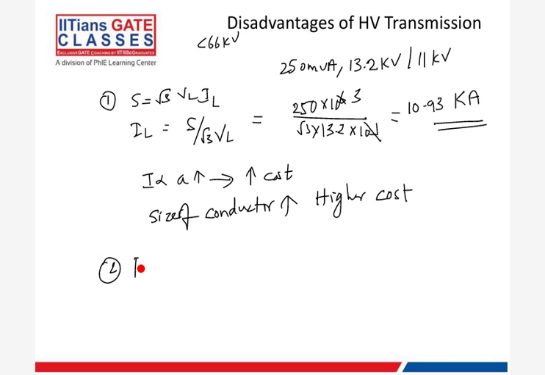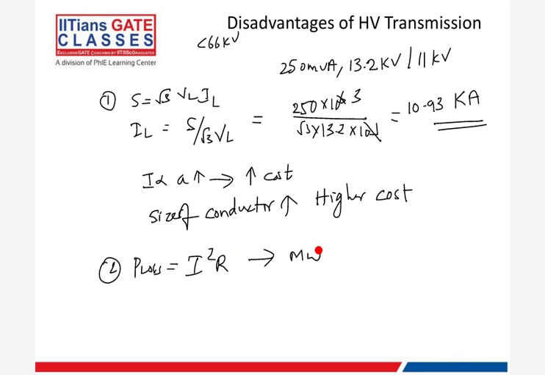Second, we know the power loss. P loss is equal to I square R. In this case I is in terms of kiloamperes, so this would be in terms of megawatts.